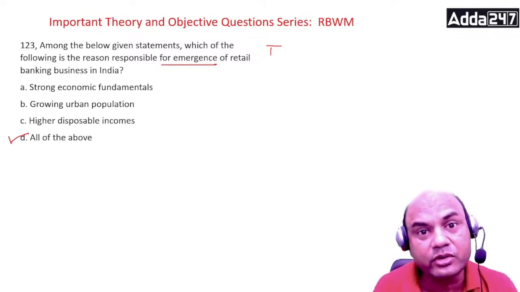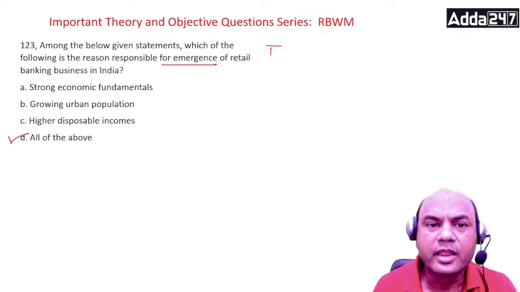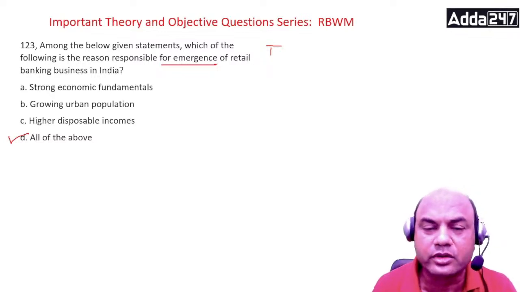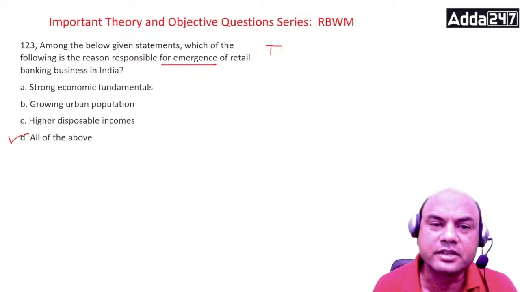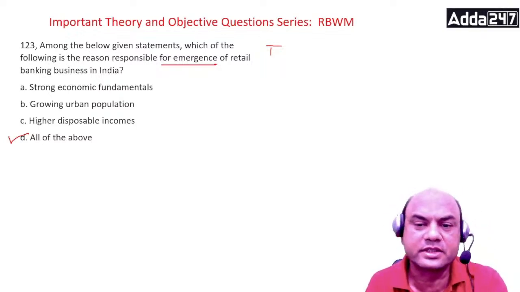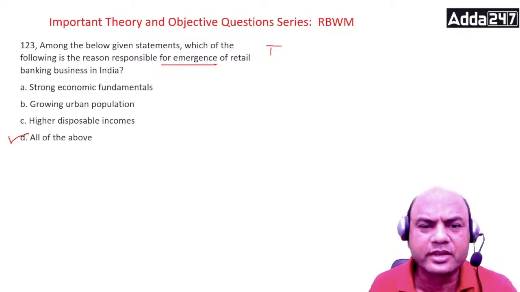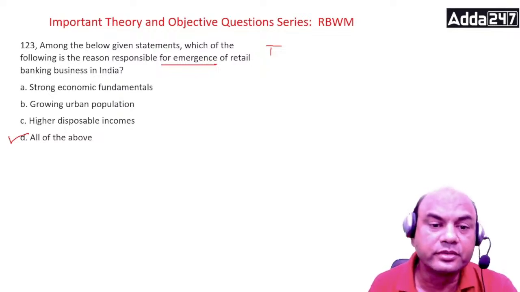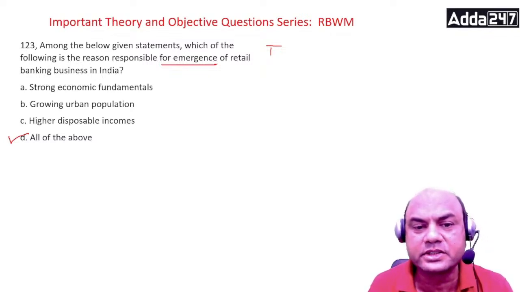Even in cities, it's there. So this Jan Dhan account system or Jan Dhan loan scheme, the Mudra loan, everything, those were truly game changing. They have almost removed the Saukari system, almost, and they are still to grow. They still will be growing a lot. Okay. So coming back, all of the above is the answer for emergence of retail banking.